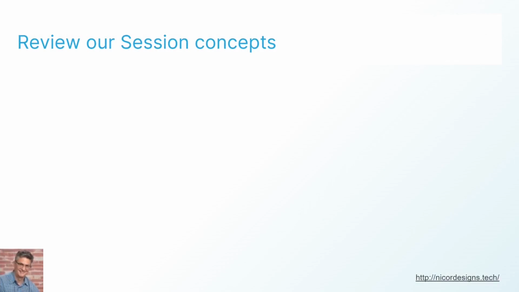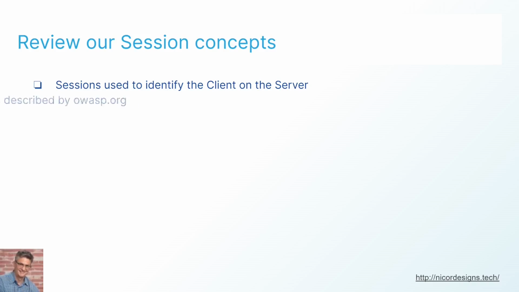This is our last tutorial about sessions in Jakarta EE 8, the Apache Tomcat 9 web server. So we will do a quick review of what all of our session-related tutorials covered so far. Sessions are used to identify the client on the server and maintain state during interactions with the web application.